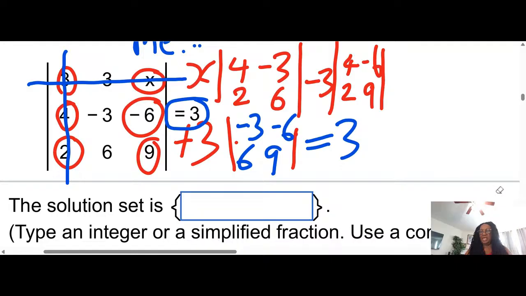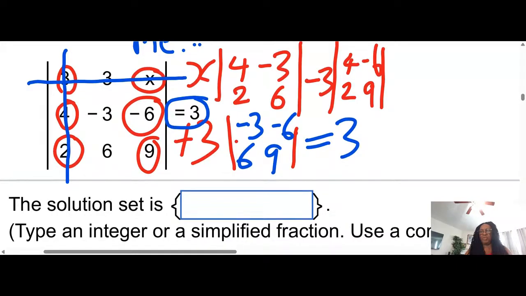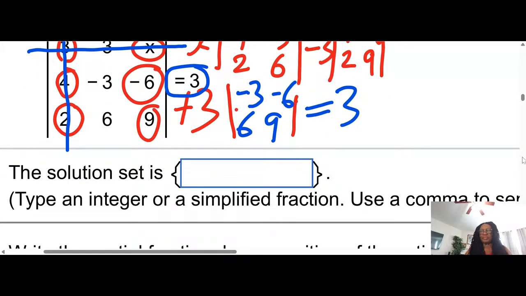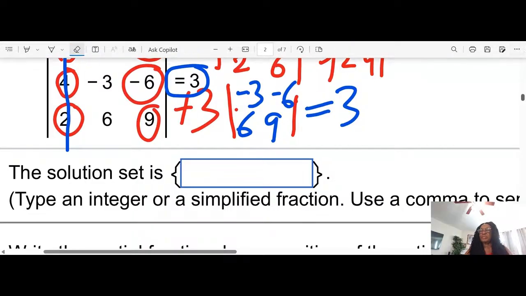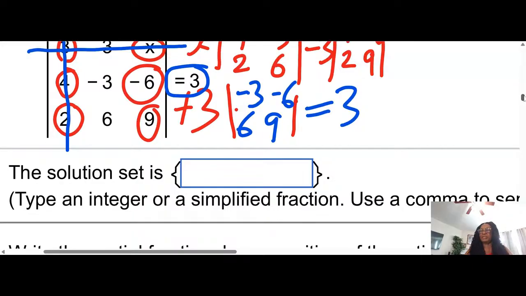So I'm going to pull this up a little bit.